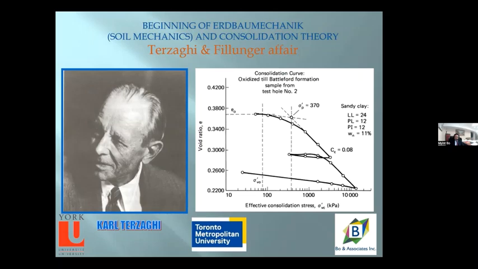One day before the decision from the academic board came out, the rumor came out that the academic board supported Terzaghi's theory. On hearing that rumor, Professor Fillunger and his wife committed suicide that night.